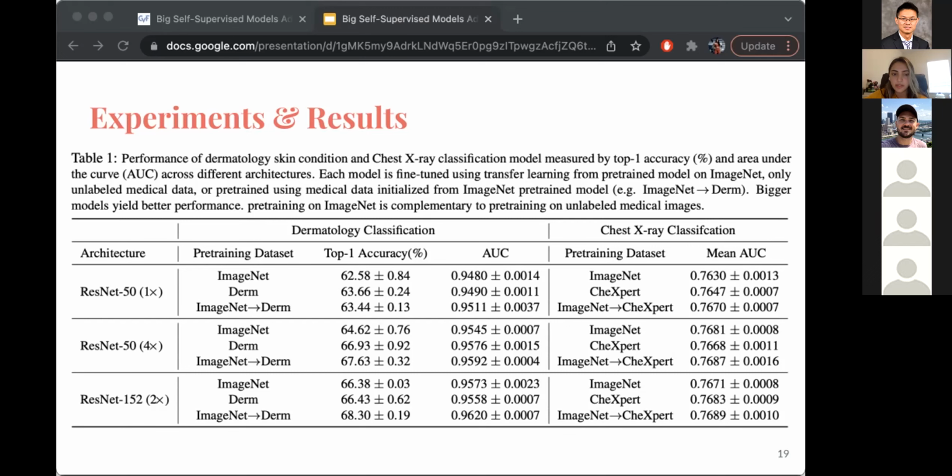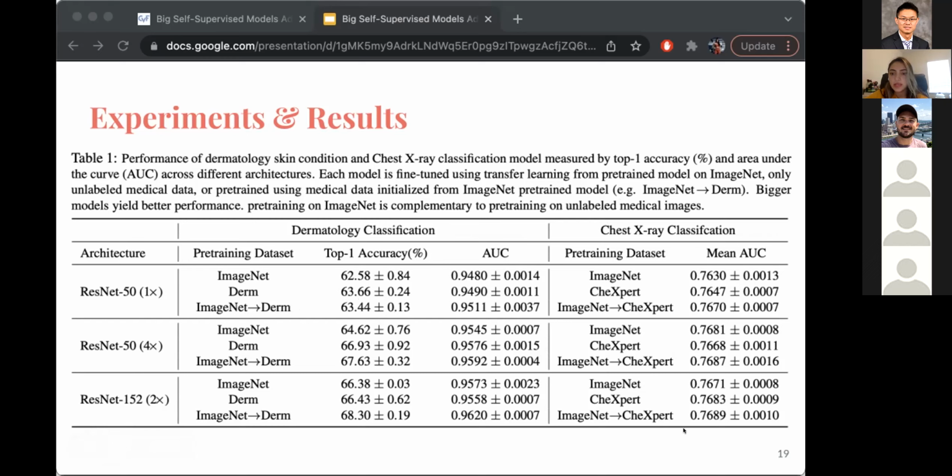But for this case, when we use ImageNet plus the dermatology data set, the accuracy actually decreases, even though the AUC is increasing. And when we look at the bigger model, we can see that the improvement is higher.